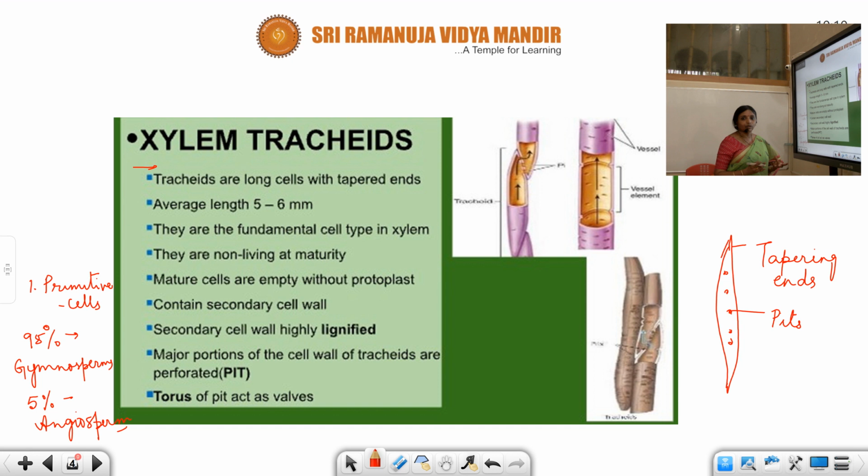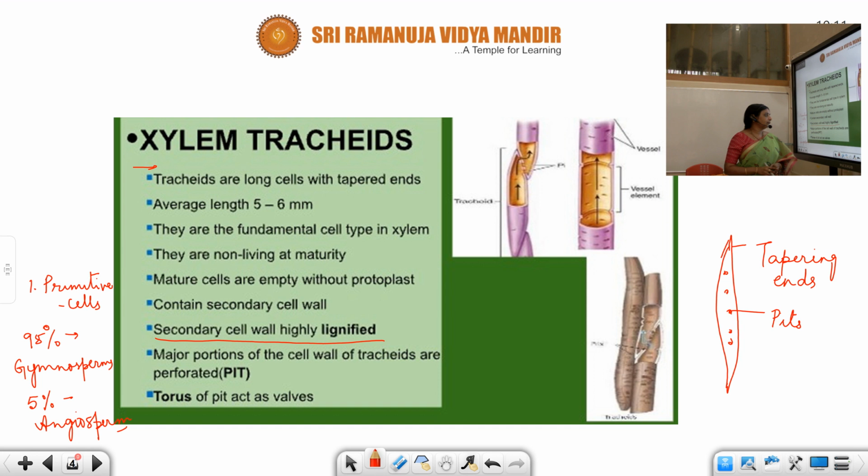At maturity, the cells are empty and without protoplast, and contain a secondary cell wall. Along with the primary cell wall, they have a secondary wall layer also, and these secondary cell walls are highly lignified. These are made up of lignin, and a major portion of the cell wall of tracheids is perforated.